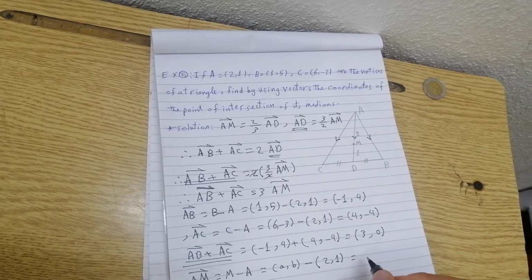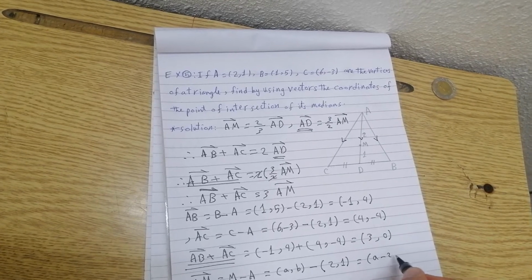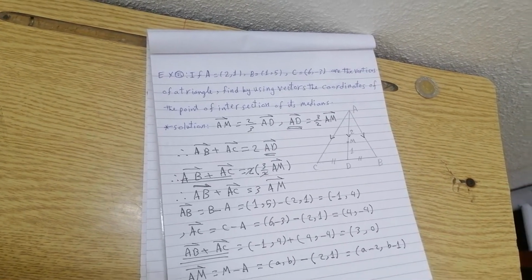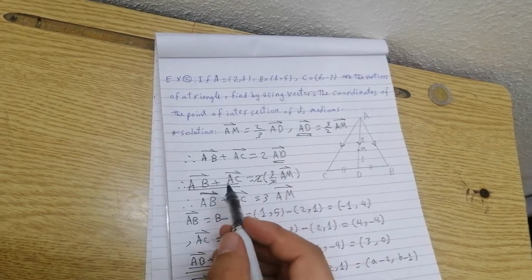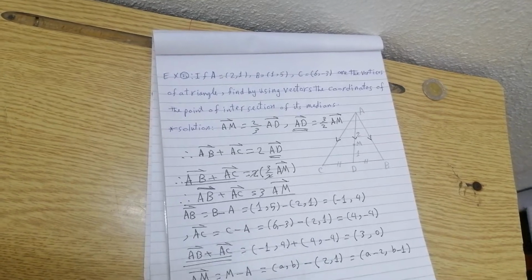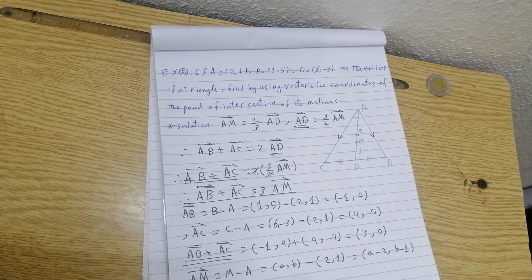That equals (a minus 2, b minus 1). And since they have here that relation, then AB plus AC, we have it as (3, 0).